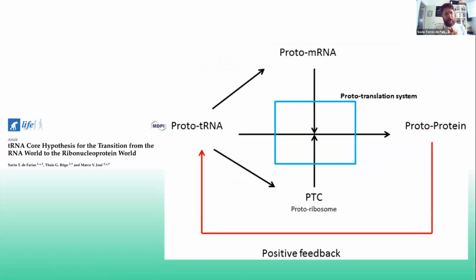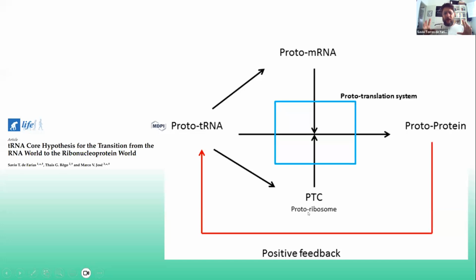Okay, so in 2017, we published this paper where we proposed the tRNA core hypothesis. In this hypothesis, we suggested that the tRNAs, or proto-tRNAs, orchestrated the initial organization of the biological system. In this model, we proposed that the tRNAs gave origin to the PTC. PTC is the catalytic part of the ribosome, the large subunit.